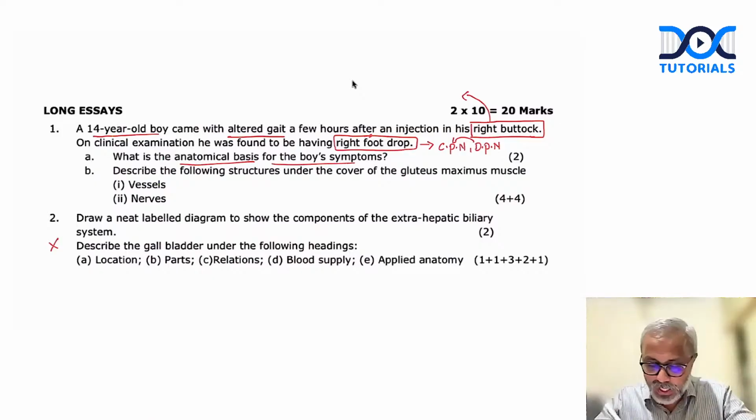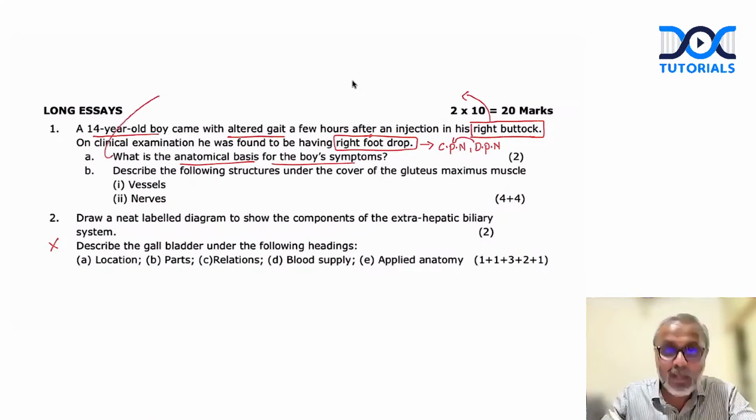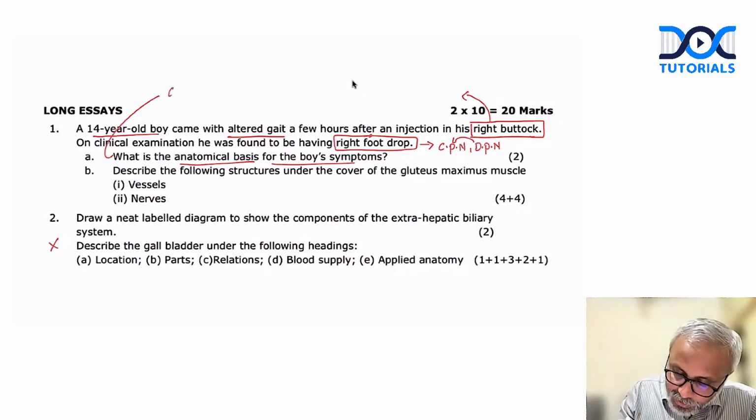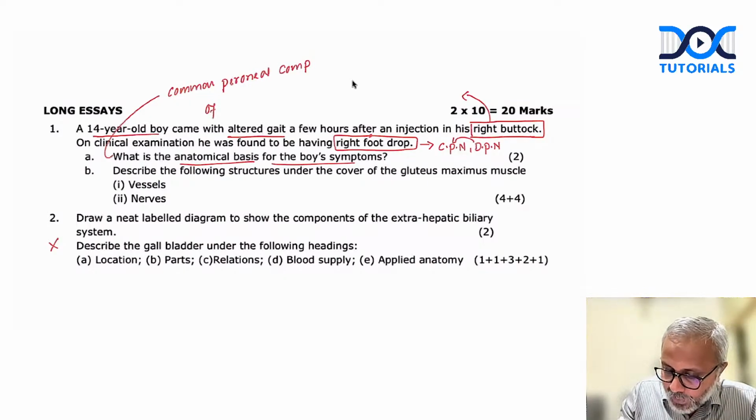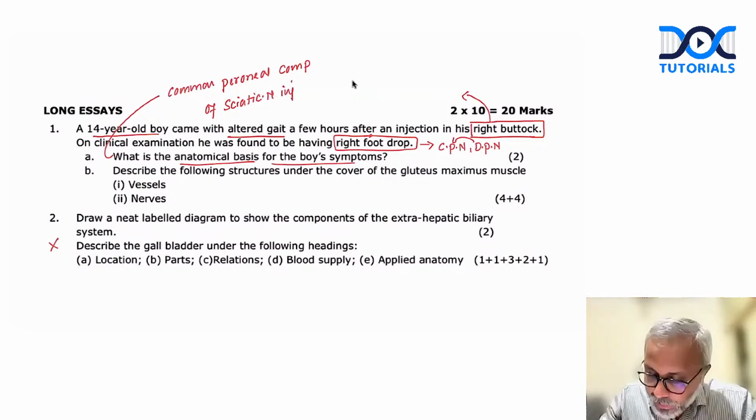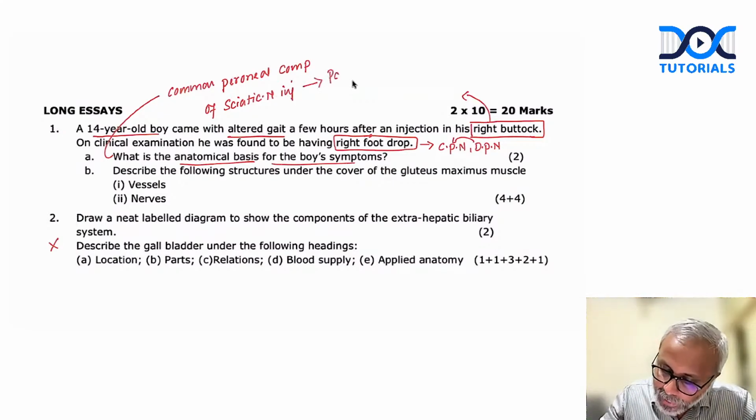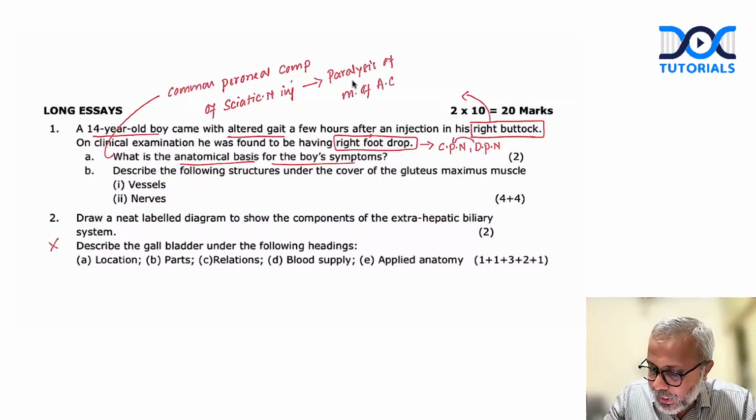To be on the safer side, how we can describe the answer? So here we can describe as the common peroneal component, right? We can describe it as the common peroneal component of sciatic nerve is possibly injured, right? This leads to paralysis of the muscles of anterior compartment of the leg, right?